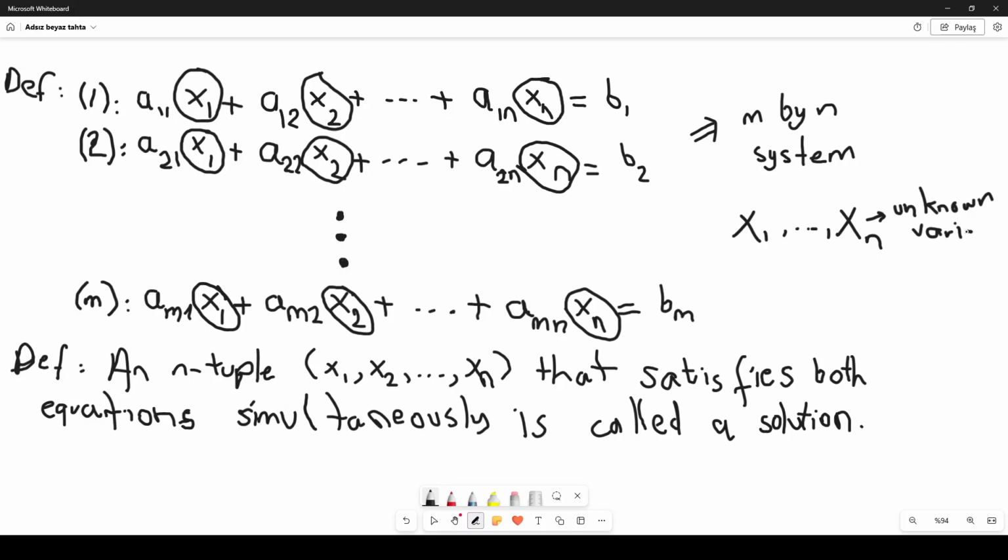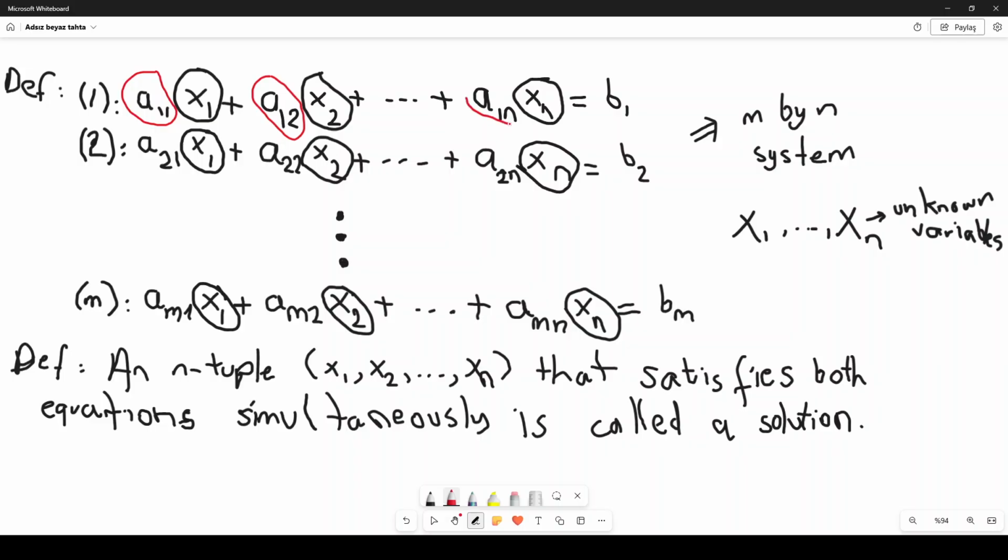This is maybe the most important part of the terminology of systems of linear equations, since we will be trying to find these values. Okay, how about the aij's? Look at these values. In each equation, to the left of each unknown variable, we have some coefficients, and maybe it would be better if I circle them in different colors, just to make you aware of this difference.